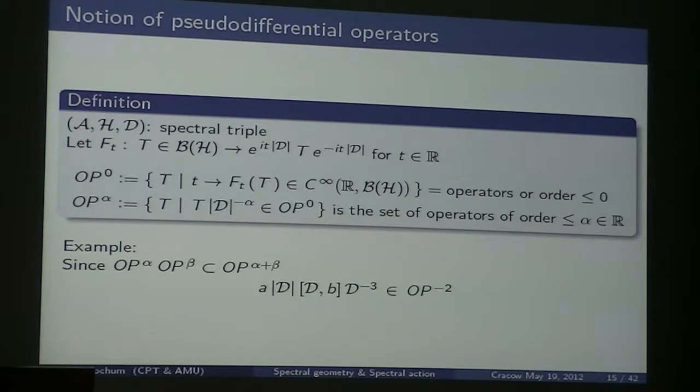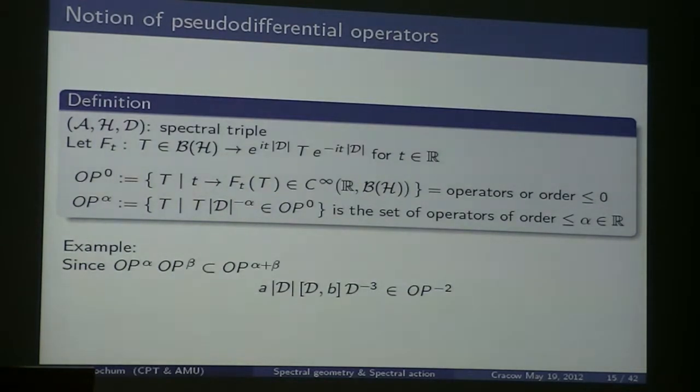So, as has been made for that, actually, the product of operators of order alpha and beta is of course in the operators of order alpha plus beta. And if you want to see how it works, well, since you have in your hand only A and D, operators are always of this form.